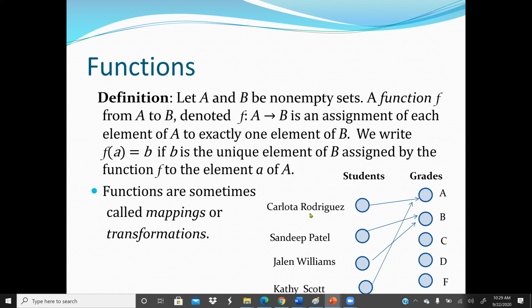If each student generates only one unique output, a grade of A for example, or even if two students can generate the same grade, then it's a function. But if we have Rodriguez generating A and also B, then it's not a function.